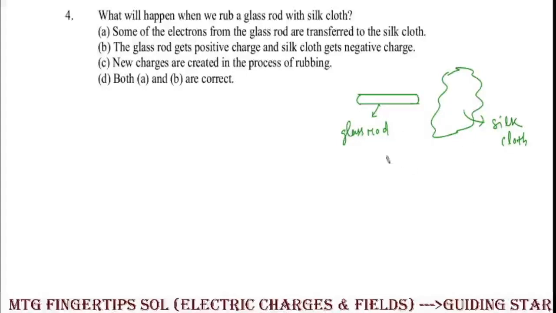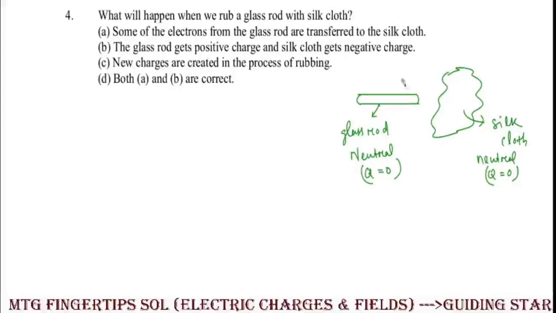So both are neutral. Glass rod is neutral. That means total charge present over here is 0. Clear? And this silk cloth is also neutral. That means net charge right now in this particular object is 0 before rubbing. Clear? And after rubbing, what will happen?